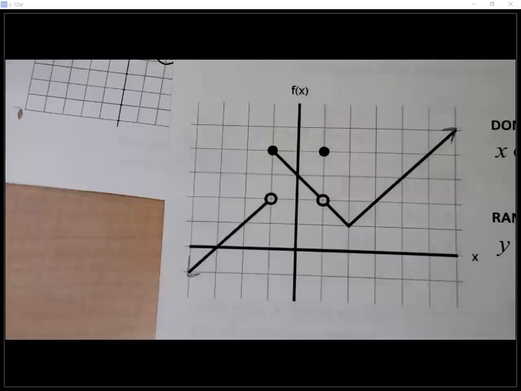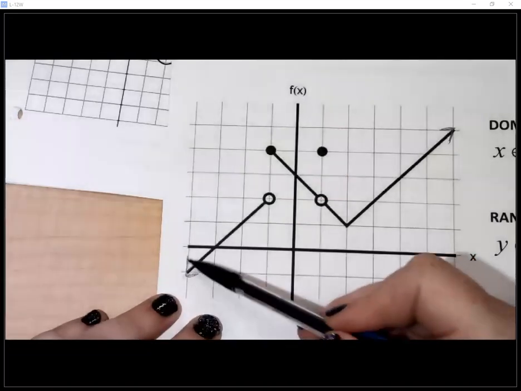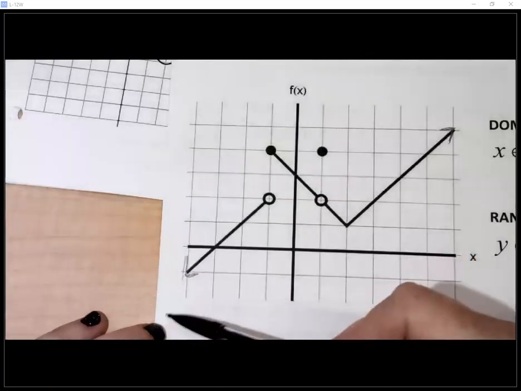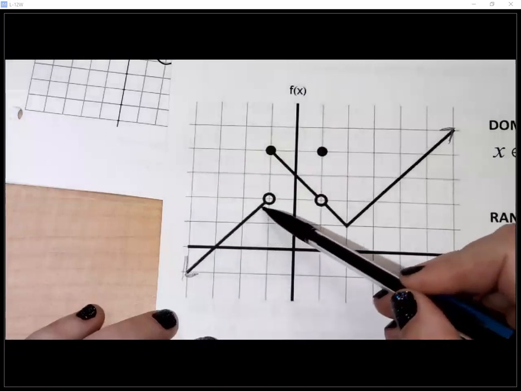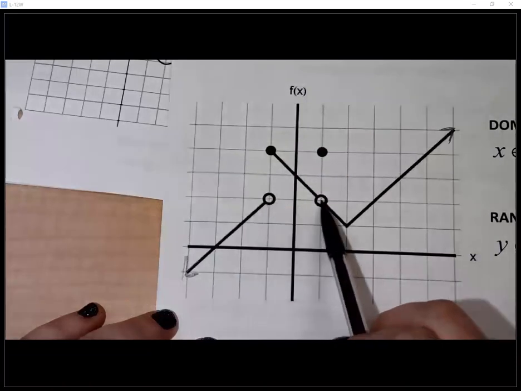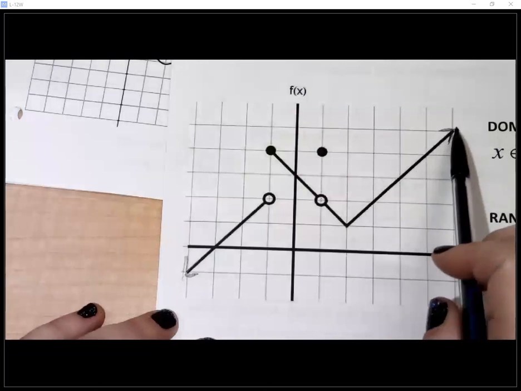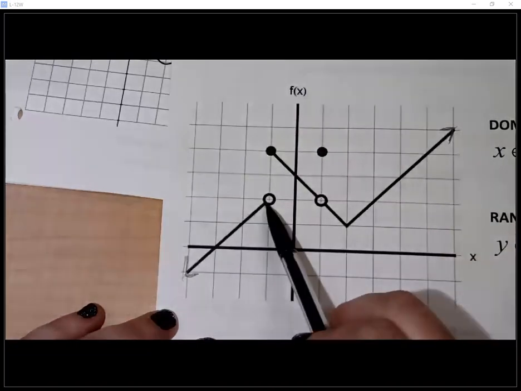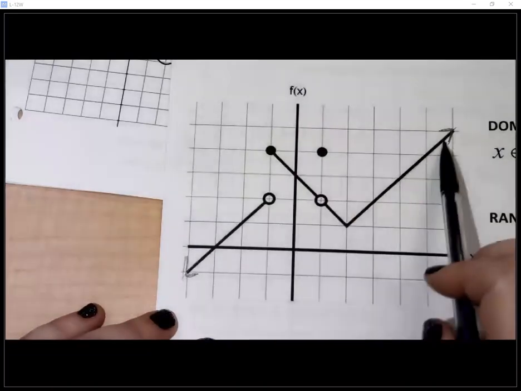Range, let's see. If I start at the bottom and go to the top, this is going to continue on forever, going down. So I know I'll have from negative infinity coming up. Okay, so now I do reach a hole, but if you look right here, I can just keep continuing on my path. Even though there's a hole there, if I come over here, I can still continue my way up if I wanted.